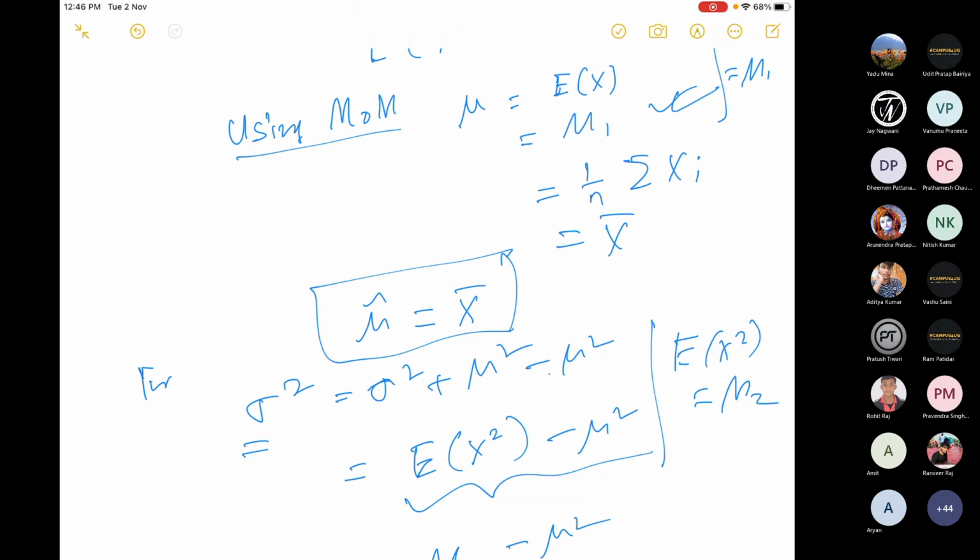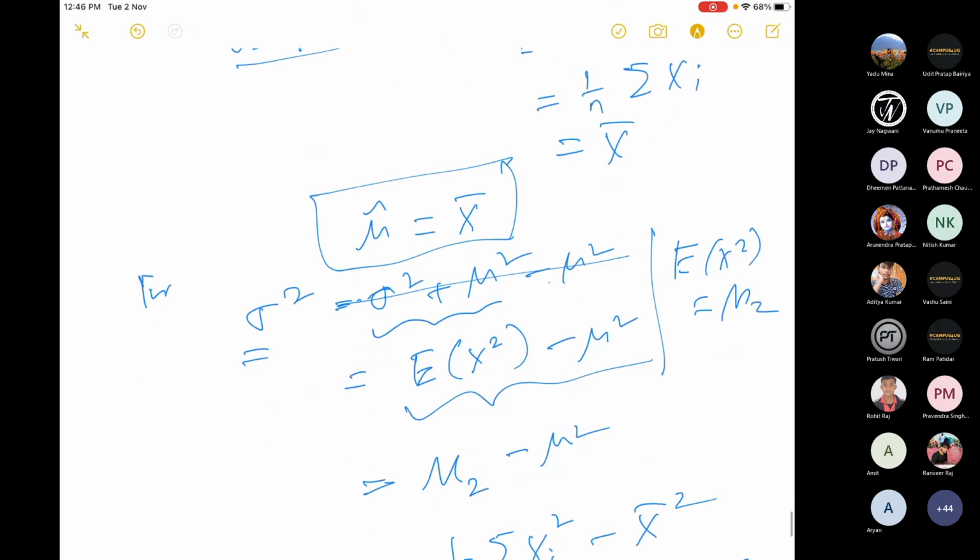Sigma square plus mu square is equal to E of x square. You can calculate this. You can forget about this line. By definition, it is this. You can show that if you calculate E[X square], that will be sigma square plus mu square for the case of normal. You can start from here, not a problem. Okay.